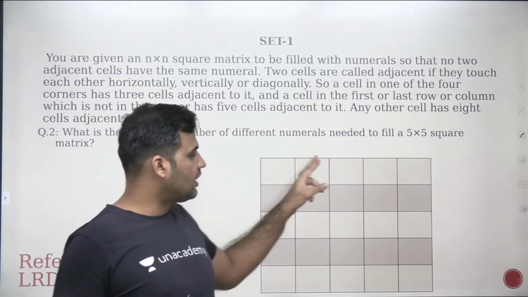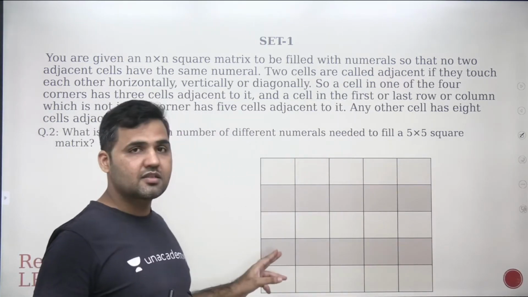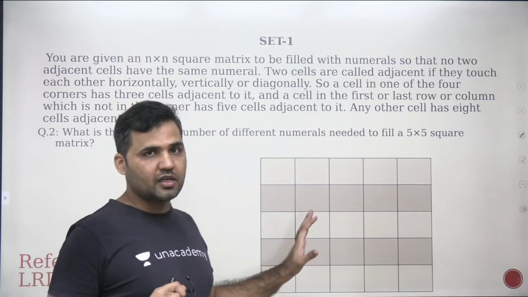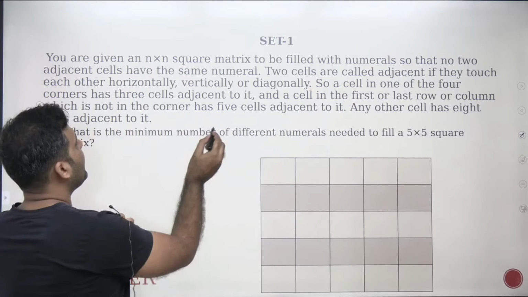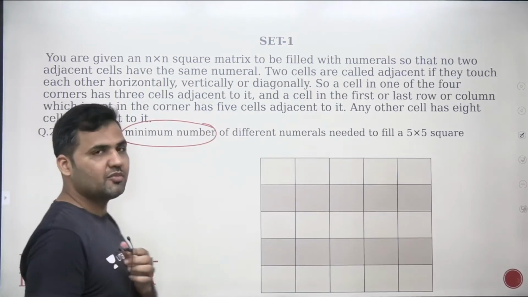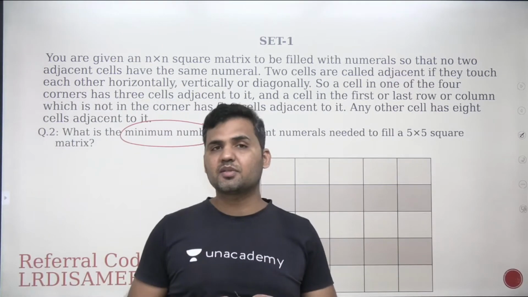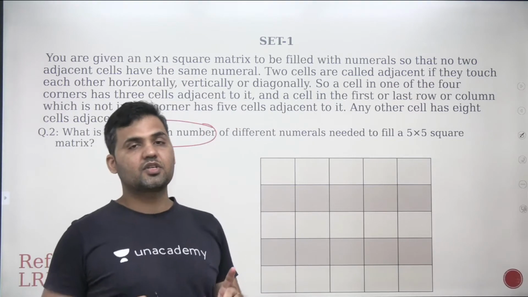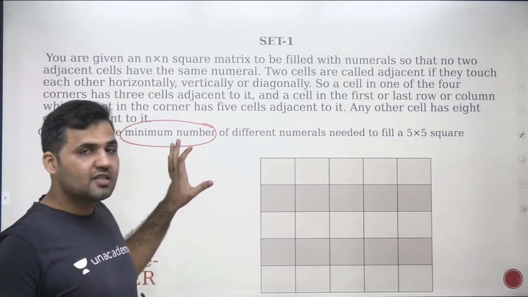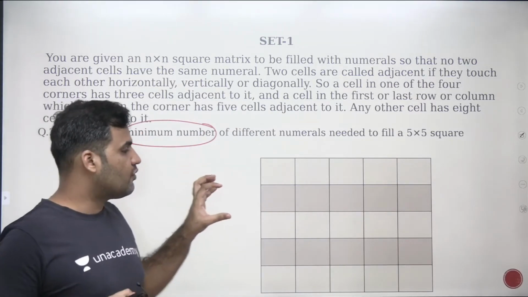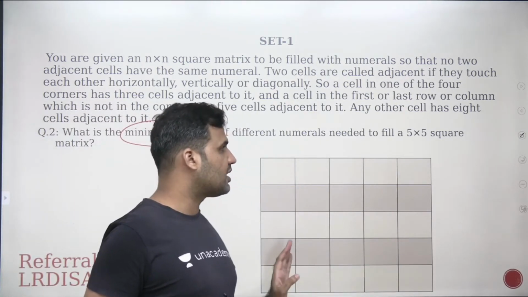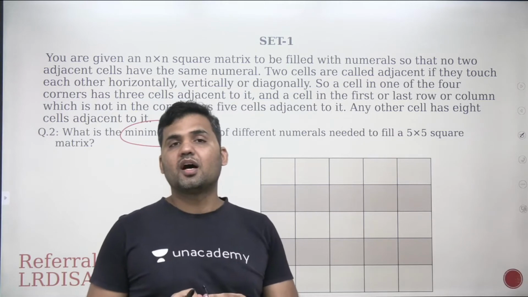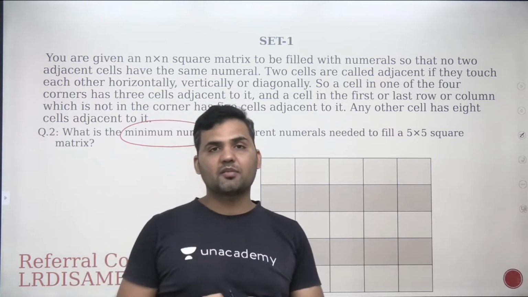And we need to fill all these 25 cells with numerals, but those numerals have to be as minimum as possible. So same concept, exactly the similar concept that we followed in the first question, that if I want to minimize the number of numerals, right? If I want to use minimum numbers to fill this 5 into 5 square matrix, I need to use a particular number as many times as possible.